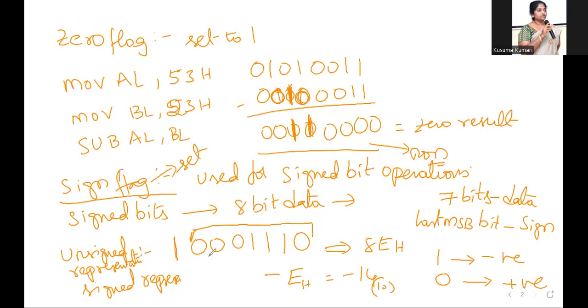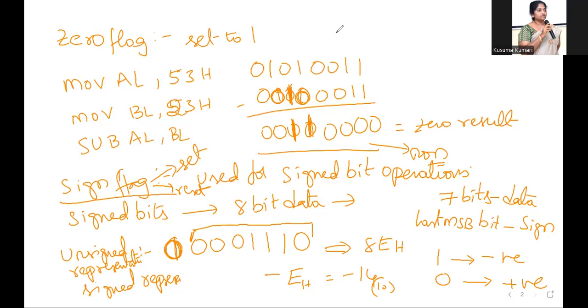And suppose this is the result. If the MSB bit is equal to 0 for signed bit operations, then the sign flag is reset. This is about the sign flag.